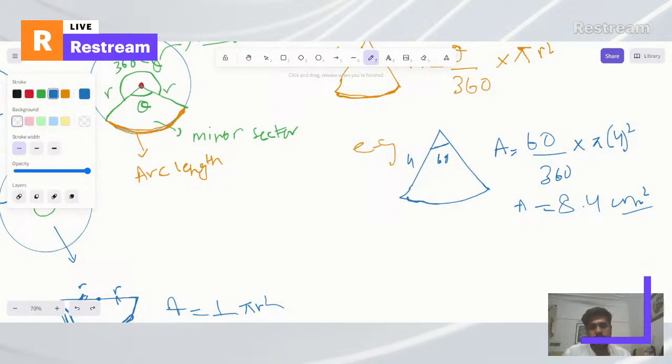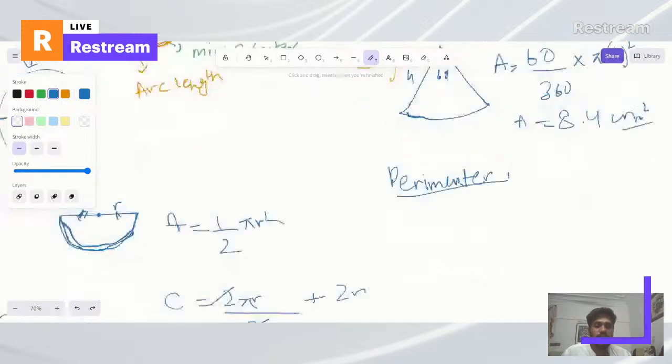So now let's talk about the perimeter of a sector. I explained to you earlier that perimeter is the sum of all the sides. So how many sides does this have?